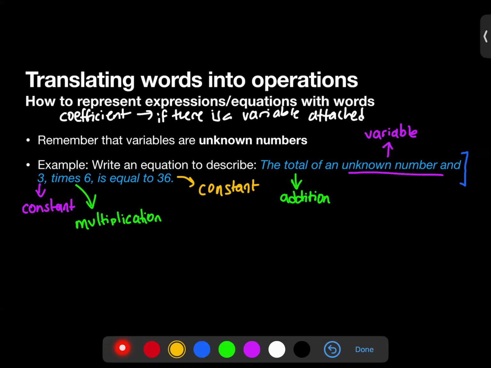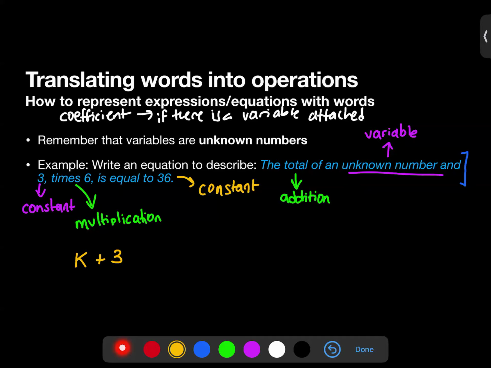So remember, variables are letters, so we can choose any letter we want. So for this, I will use, let's say, the letter K. So this is our unknown number. So this is the first term completed. So K plus 3, that's our second term completed.